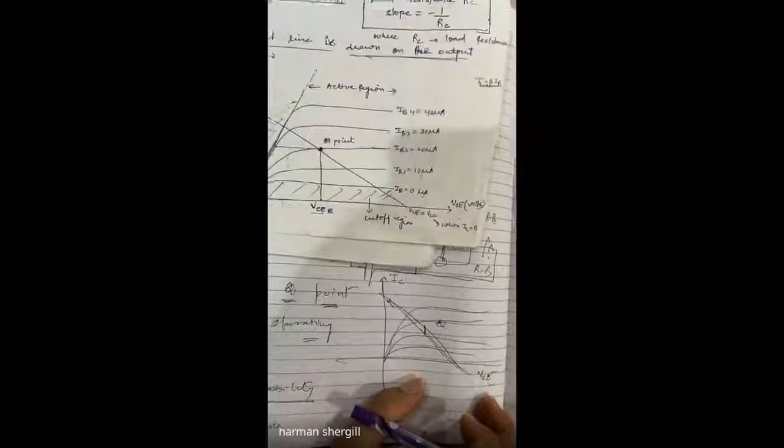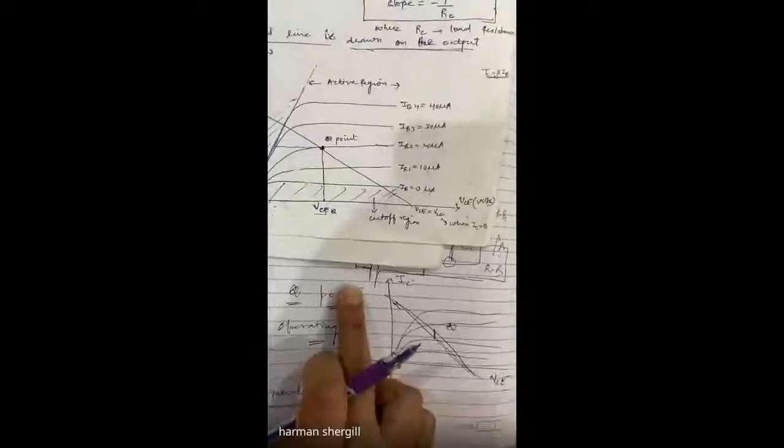Just go through the notes of common emitter configuration. ये जो कैरेक्टरिस्टिक्स हैं ये आउटपुट कैरेक्टरिस्टिक्स थी कॉमन एमिटर एम्पलीफायर की। Output characteristics means when a graph is plotted between output voltage and output current for different values of input current. ये output characteristics होती है.